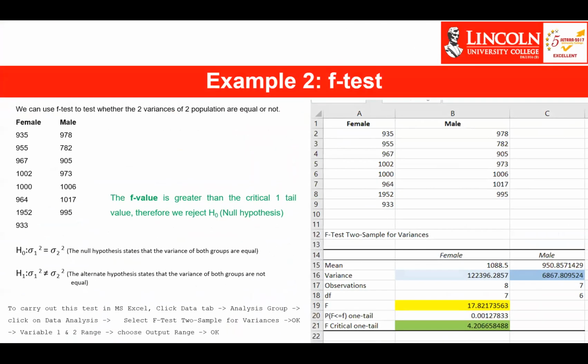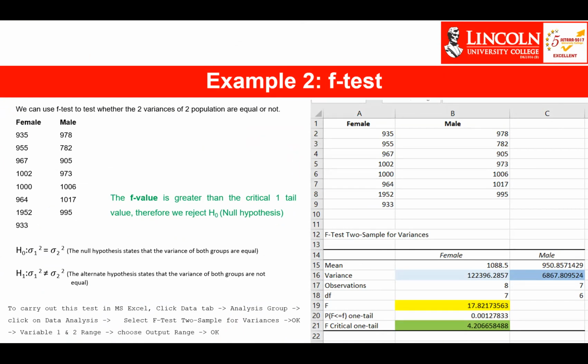Now, we also have F-tests. We can use F-tests to test whether the two variances of two populations are equal or not. So, going by the previous example, if your data comes from two different groups, and you want to test whether they have equal variances or not, then you can use the F-test for this purpose.